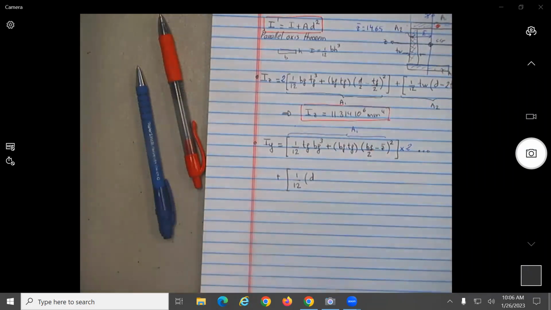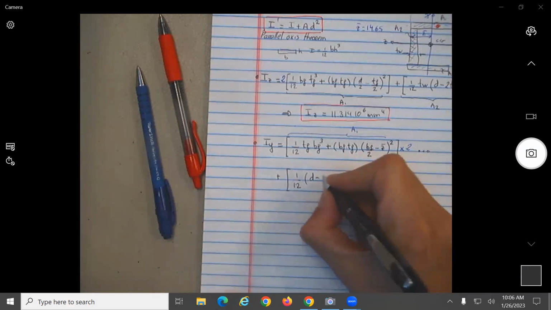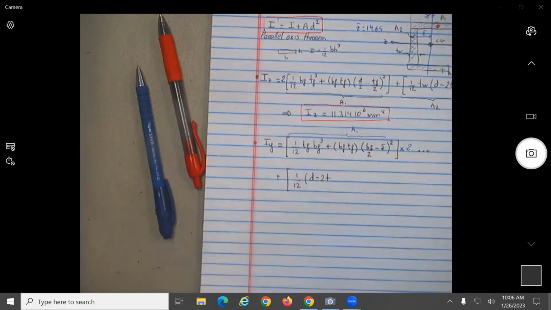Okay, so the base will be D minus, what do we get before? Minus 2T. What? Can you say W, but it should be W, no?